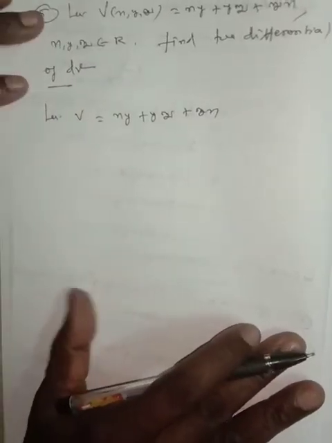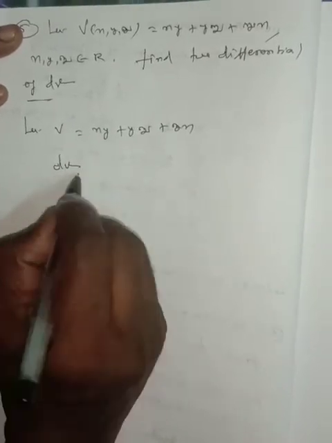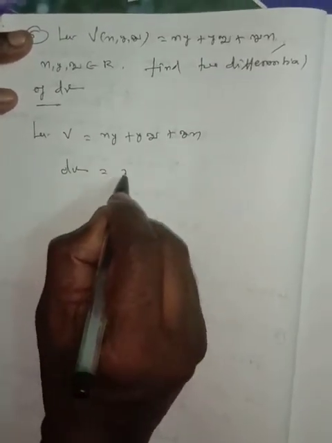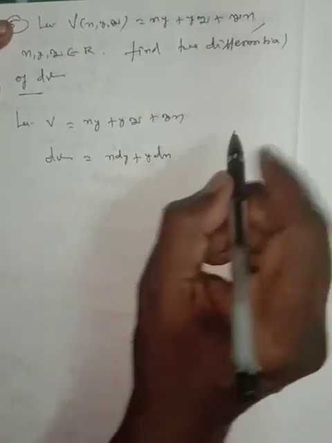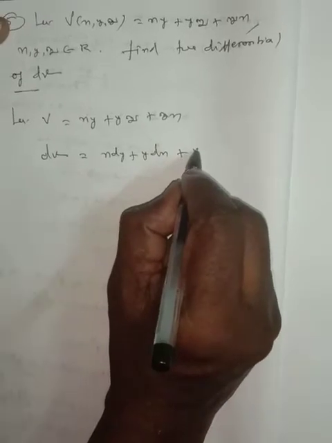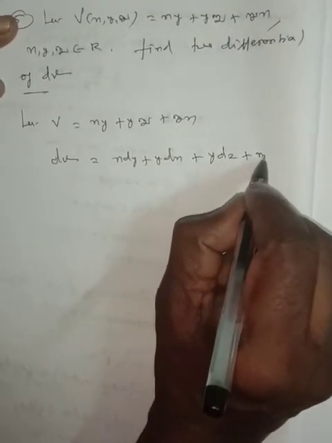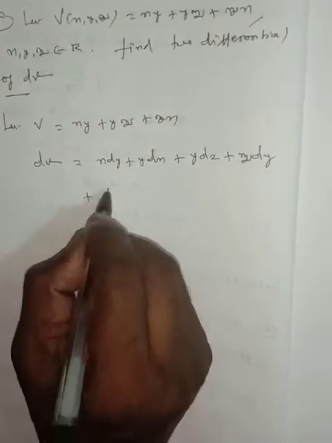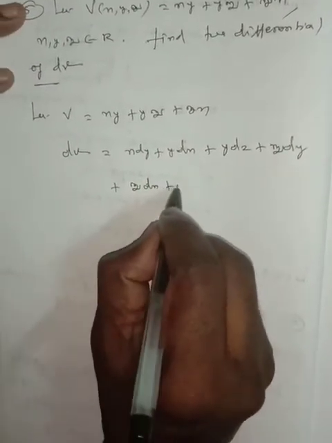Differentiate v: dv = x dy + y dx + y dz + z dy + z dx + x dz.